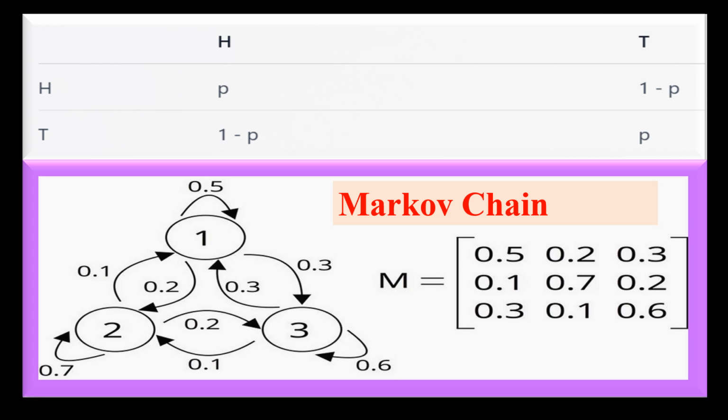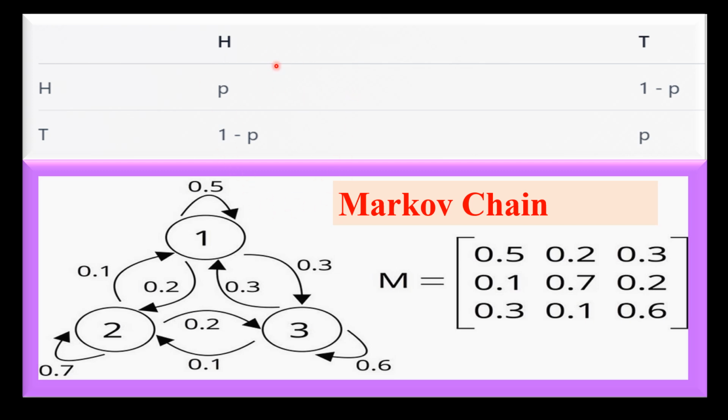So this type of model is named after Russian mathematician Andrei Markov. So to better understand this concept, consider the simple example of a coin toss. Now when you toss the coin, it has two states, heads or tails. Each time the coin is tossed, it has a 50% chance of landing on heads, that is P, and a 50% chance of landing on tails, that is 1 minus P.